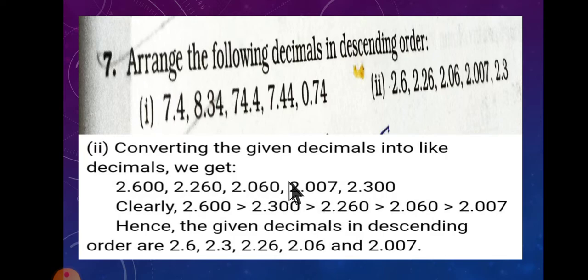The last two numbers both have 0 in the tens place, so we see the hundreds place digit: there is 6 and there is 0. The one with 6 goes in fourth place, so we write 2.060, and at last 2.007. Hence the given decimals in descending order are 2.6, 2.3, 2.26, 2.06 and 2.007.